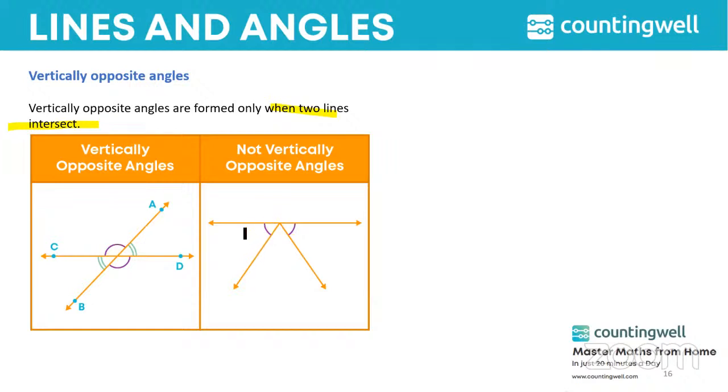Here you can see lines AB and CD intersect, and the angles shown by the purple angle marks are vertically opposite, and these two angles are also vertically opposite. But these two angles are not vertically opposite because there are no two lines intersecting here.